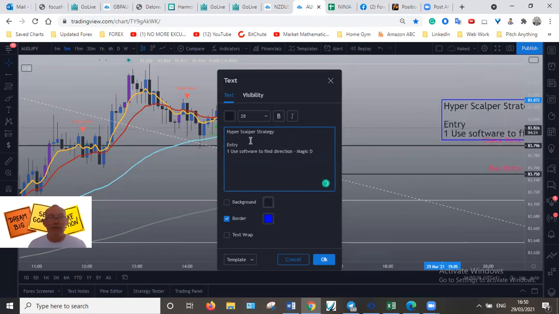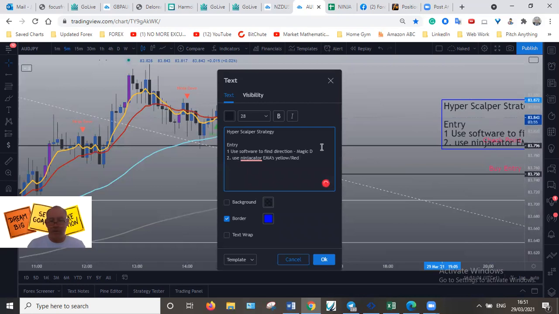First thing, entry. Second thing, we use an indicator. EMAs, especially the phi, the yellow and red.